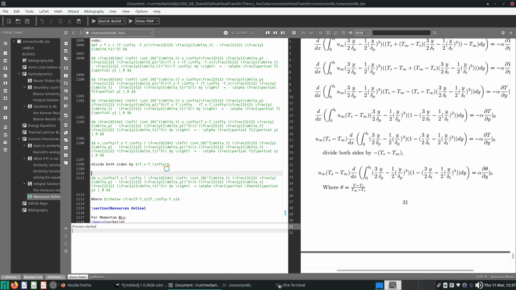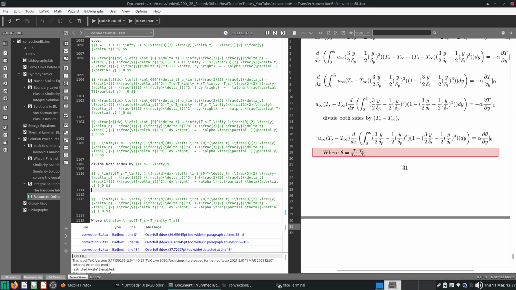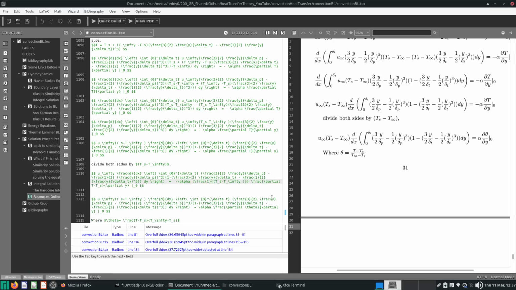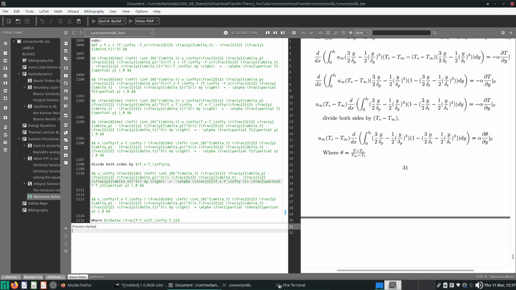So this minus sign actually gets absorbed into the theta. Let me put the intermediate steps and I'll call it a day. So I have a minus alpha here, and this is T, of course, which I can put as T minus Ts, which is the same thing, over Ts minus T infinity.